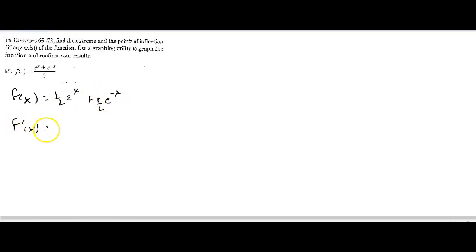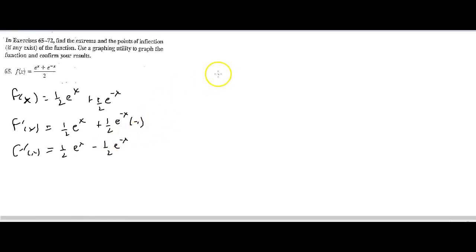The derivative of that would therefore be 1/2 e to the x, because the 1/2 doesn't do anything, the derivative of e to the x is e to the x, plus 1/2 e to the negative x, but that's not an x, so I have to tack on a negative 1. So the first derivative would be 1/2 e to the x minus 1/2 e to the negative x.